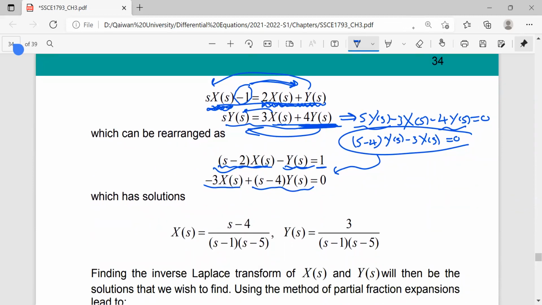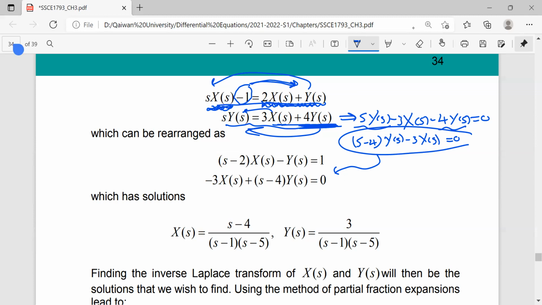You also can use elimination or substitution to get x of s and y of s. You can get y of s from this equation: y of s is s minus 2 times x of s minus 1, and replace it in the second equation. Then you can get x of s and y of s. But here I'm going to use Cramer's rule.